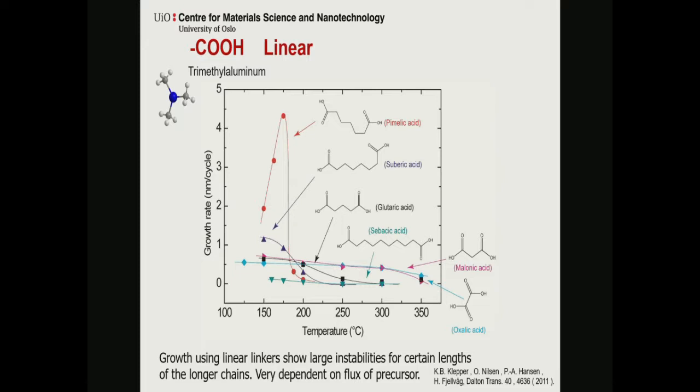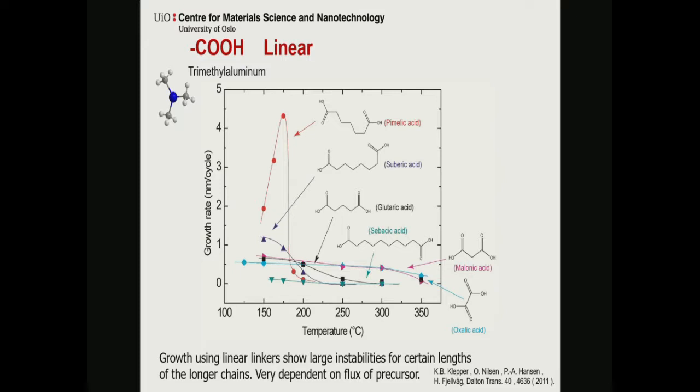But then as you increase the linearity, you get this interesting feature here. A drop in growth with temperature, but here you get an increase in temperature up to, this is ridiculous. The growth rate is much larger than the length of the molecule. So clearly there is something that is not controlled here.